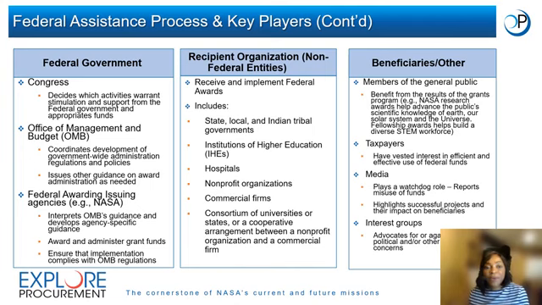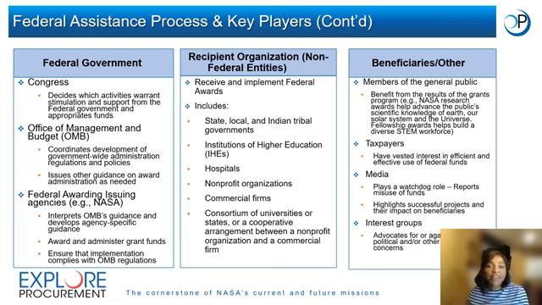Members of the general public are considered beneficiaries because they benefit from the results of award programs. For example, NASA Research Awards help advance the public's fundamental scientific knowledge of Earth and our solar system and the universe. NASA Fellowships Awards benefit the public by helping to build a diverse STEM workforce.